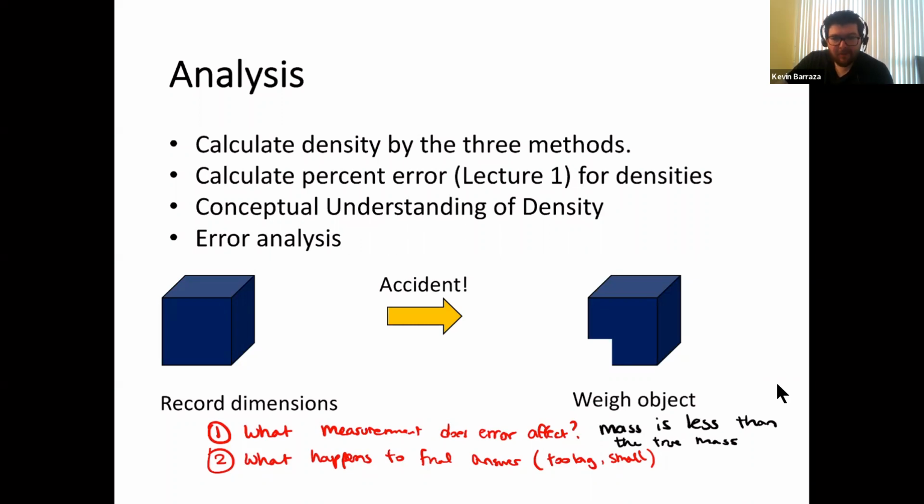Now, the second part. There's always going to be two sentences in an error analysis. What measurement did it affect? And then what happened to the final answer? In this case, it's the density. So we can start with, because our mass is smaller, what should happen to the density?